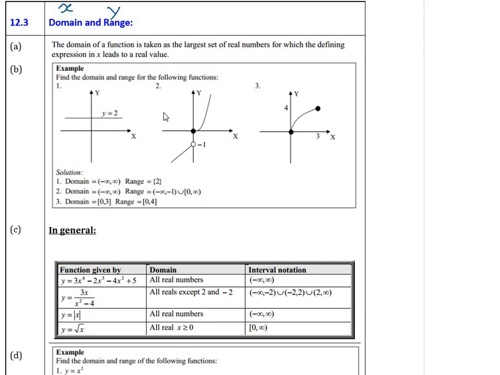If we look at example 2 here, first of all I look, can I have negative x? Yes, here all x coordinates are negative. And here I've got a dot, so x can be 0. And here I see I can have positive x coordinates. So there's no restriction on my x coordinates. Therefore, the domain again is minus infinity to infinity.